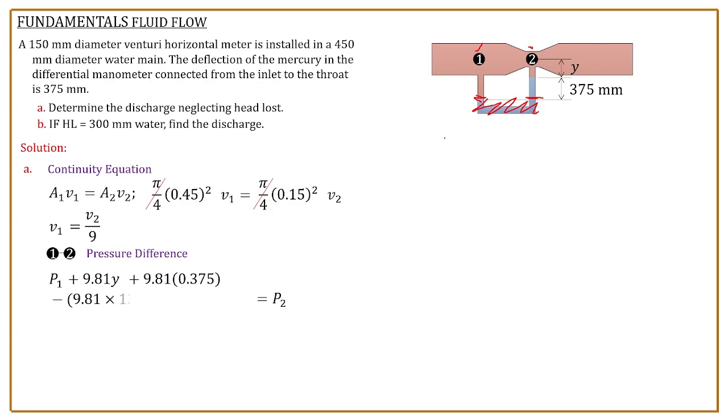Since that is mercury, aakyat na siya, shortcut na kumanan. Pag-akyat, that is 9.81 times yung ating specific gravity ng mercury, 13.6 times its height na 0.375. Then, minus 9.81 y. Yung natitira mula dito papunta dito sa point 2, that is pataas, minus 9.81 y.